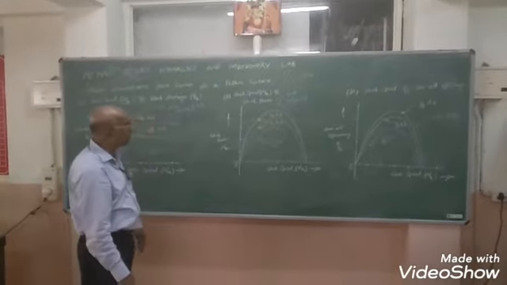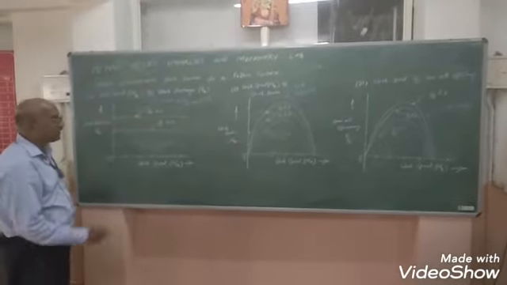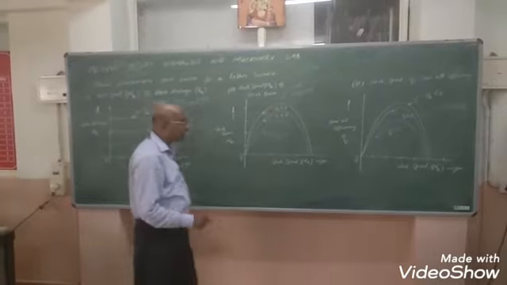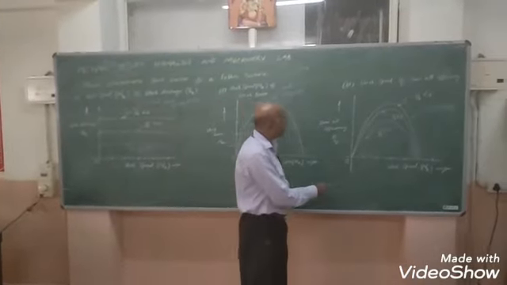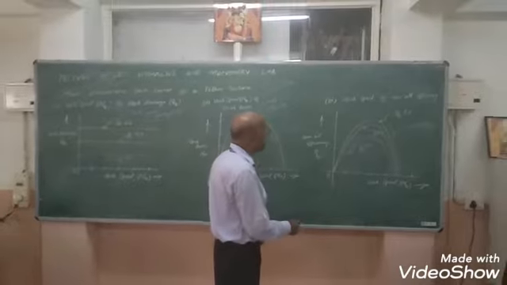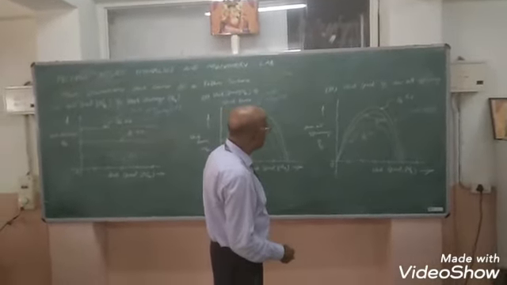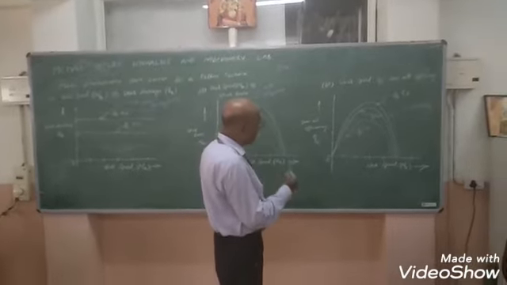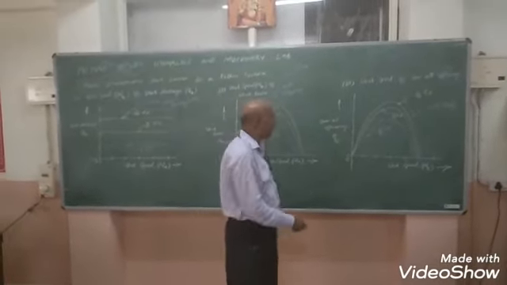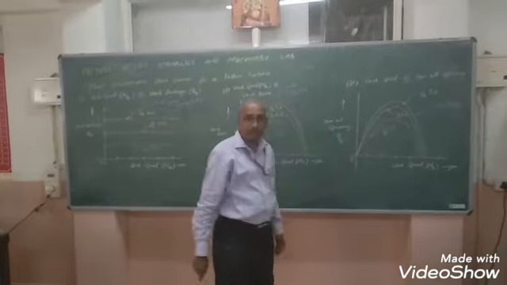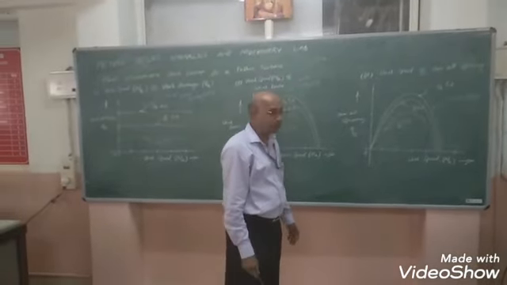These are the plots we have for the constant head case. In the third figure, a plot is made taking unit speed along the x-axis and overall efficiency along the y-axis for different gate valve openings. So these are the plots.